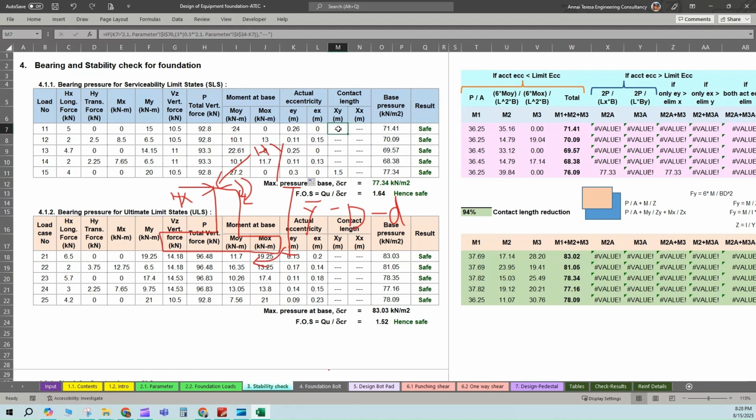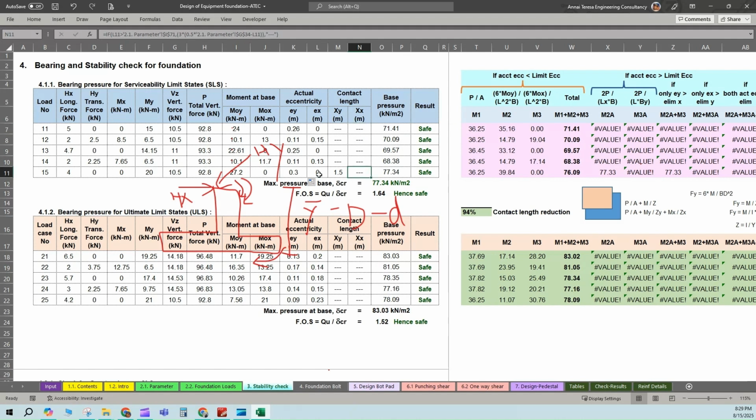Here, for XY eccentricity, if you are going to consider this EY eccentricity due to moment about Y, then we need to consider the width direction. Similarly, for X contact length, we need to consider the length direction, if the limiting eccentricity is less than the actual eccentricity.